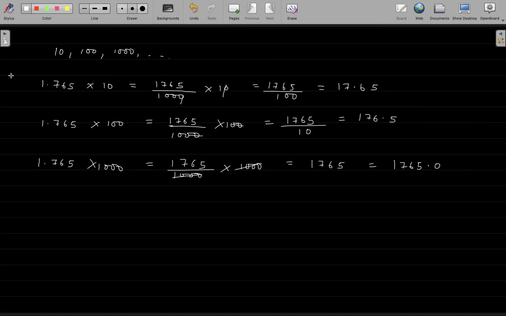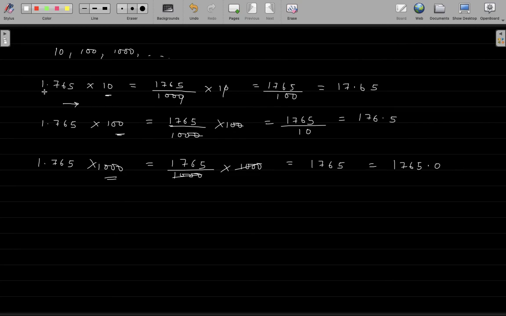So what are you observing here? What we can observe is, when I am multiplying a decimal number with either a 10, 100, 1000, the decimal point is shifting towards the right side in your answer. How many positions is it moving? It is moving as many positions as the number of zeros you have here.